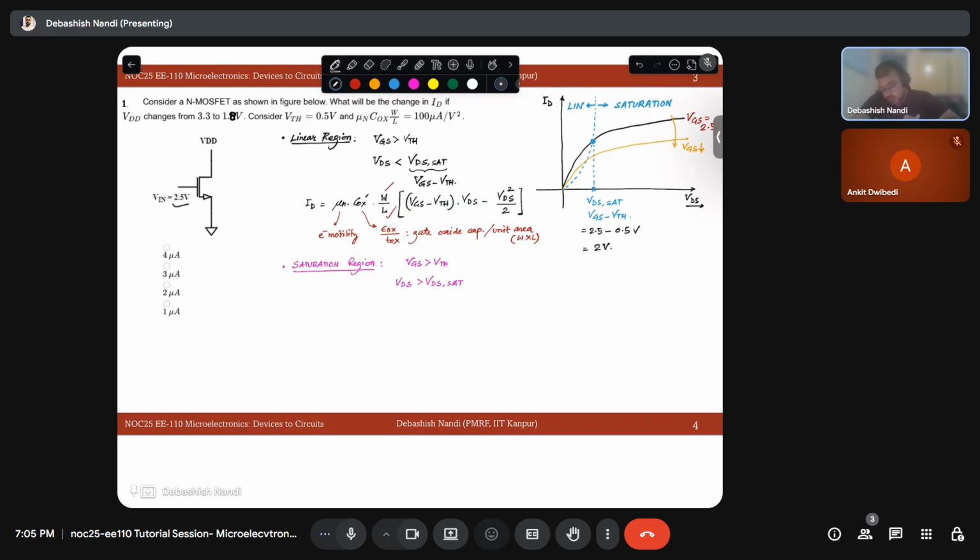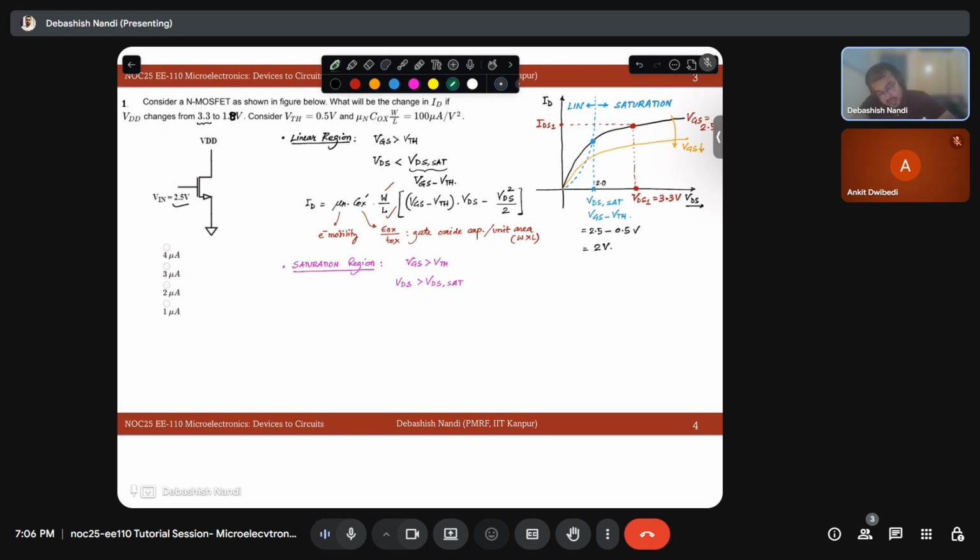What is the first voltage we need to calculate the current for? It is 3.3 volt, and this is your 2.0 volt, so 3.3 volt will be at a higher voltage. Let's say VDS1 is 3.3 volt, and the corresponding current is IDS1.